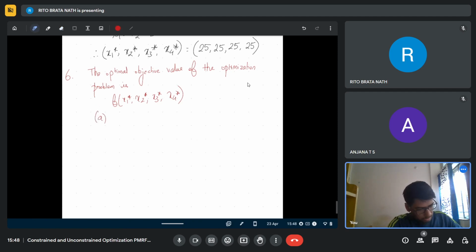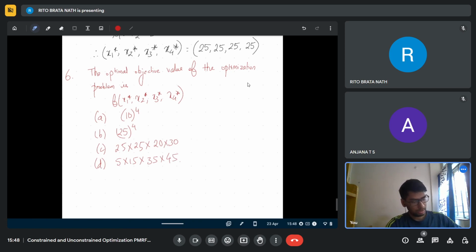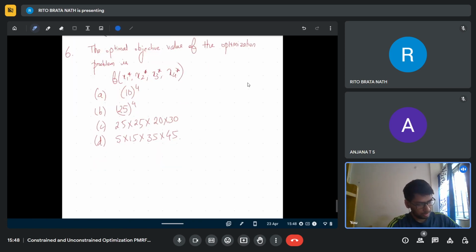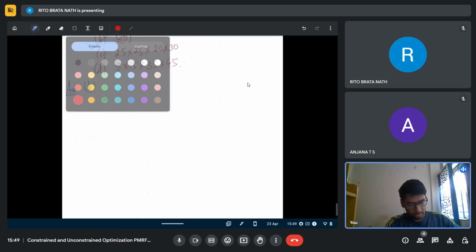A is 10 to the power 4, B is 25 to the power 4, C is 25 times 25 times 20 times 30, and option D is 5 times 15 times 35 times 45. Clearly, option B is the correct answer here. That's all about the sixth problem.